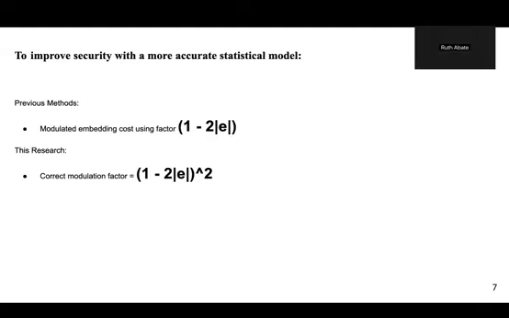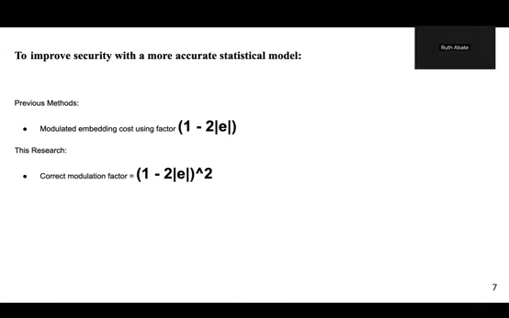Now let's dive into the modulation factor used in the embedding process. In steganography, the goal is to hide data in a way that minimizes detectability. One way to achieve this is by modulating the embedding cost, essentially deciding how much it costs to change a pixel value based on how detectable that change might be.